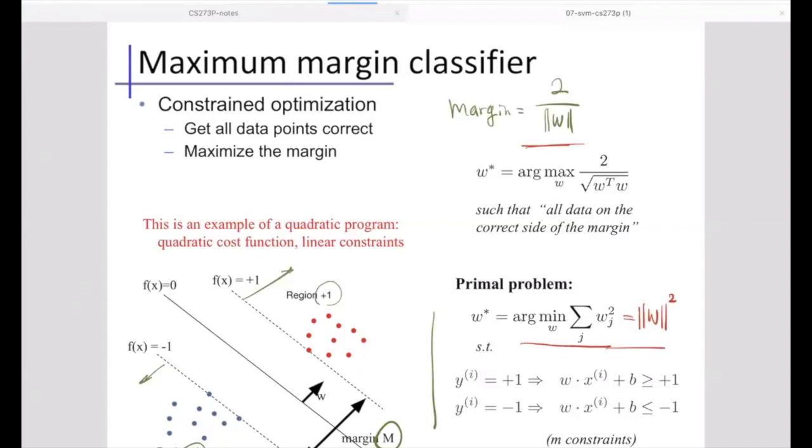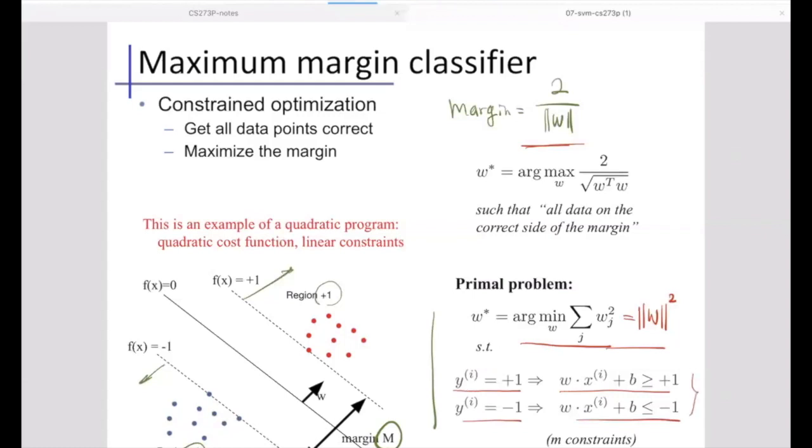However, we want a set of constraints to be satisfied. In particular, if your sample is labeled 1, we want to make sure that it is indeed above this boundary plane. On the other hand, if your data is labeled -1, we want to make sure it's below the other boundary hyperplane. So these are the constraints we have.